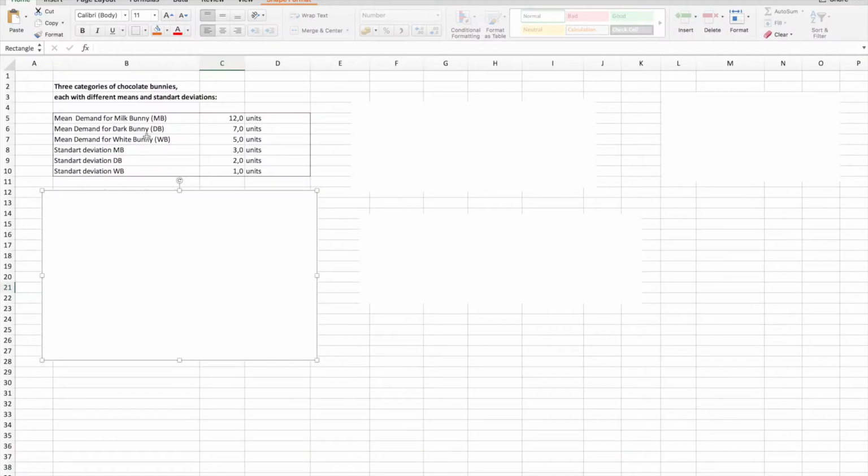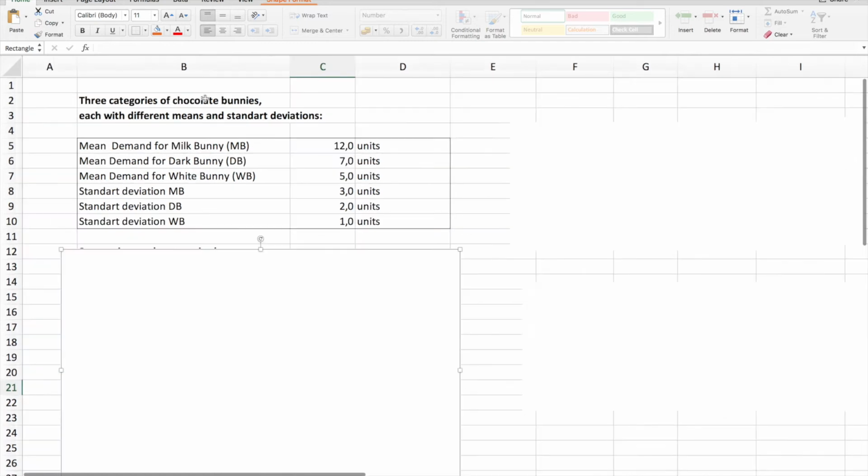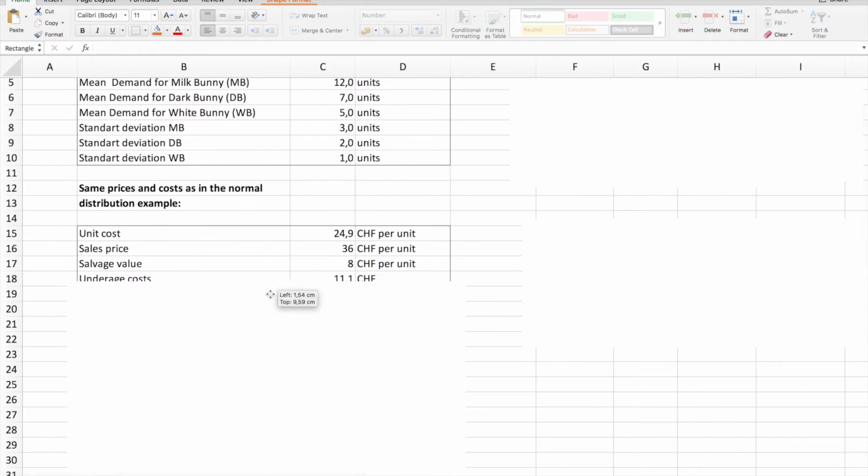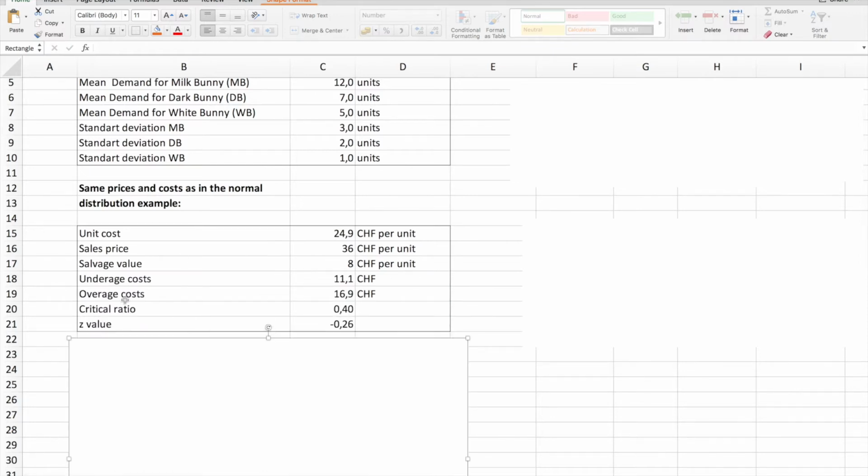In the multi-item newsvendor model, we have three different categories of chocolate bunnies: the milk chocolate bunny, the dark chocolate bunny, and the white chocolate bunny. All three have different mean demands and different standard deviations, as you can see here. Additionally, we also know the unit cost and the sales price and other values. For example, the unit cost is 24 francs 90.